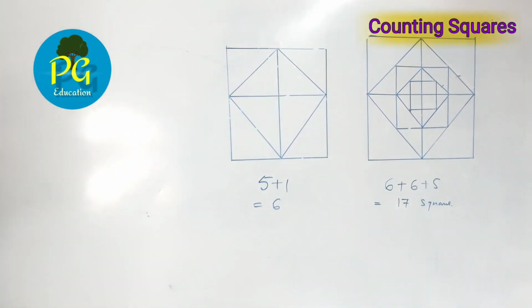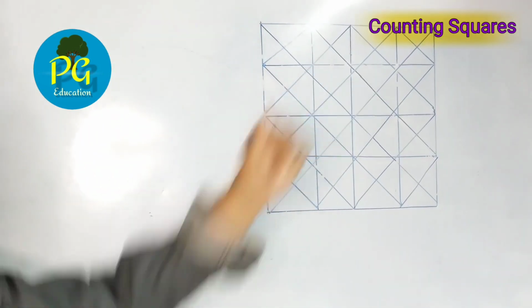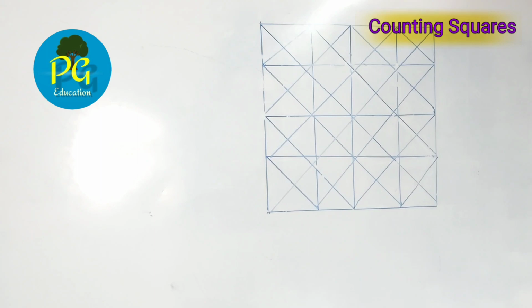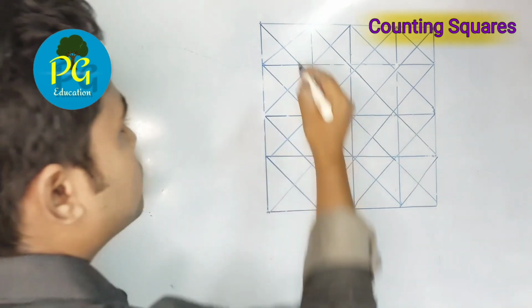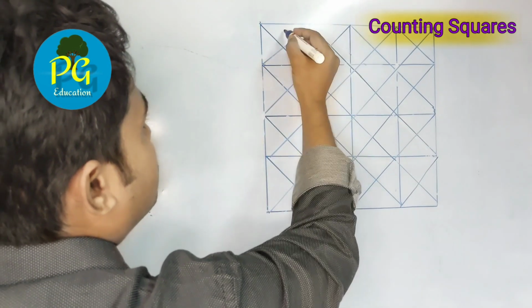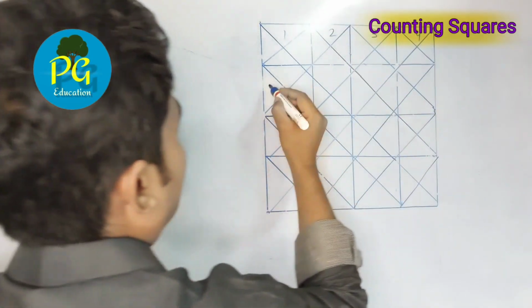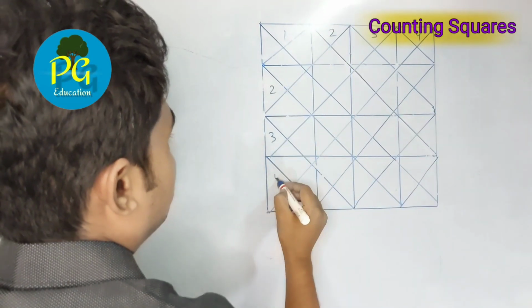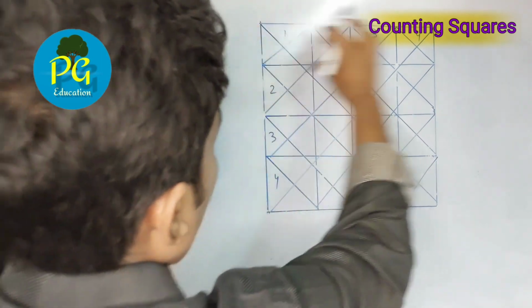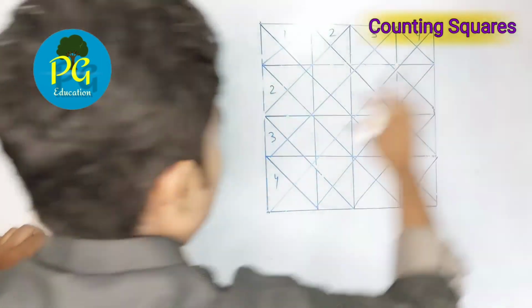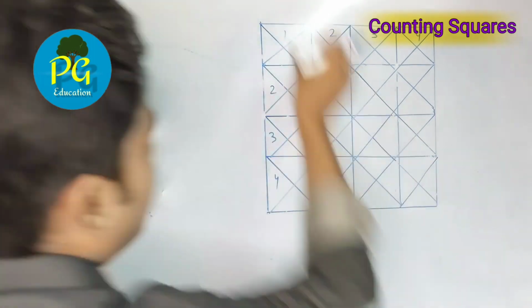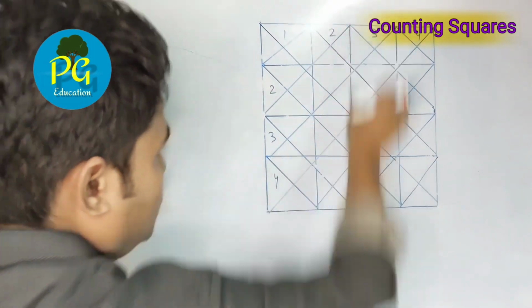Understood? We have to count how many squares are there. Okay. So here I am first numbering the rows and columns. There are 4 rows, 1 2 3 4, and 4 columns, 1 2 3 4.